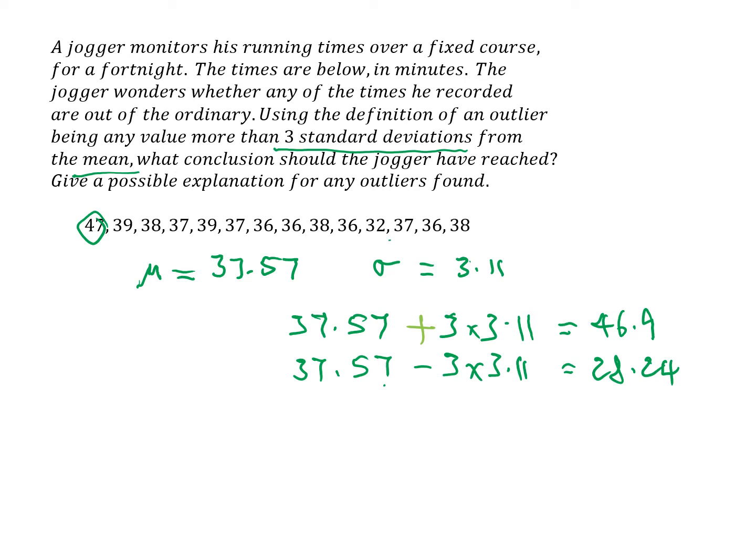We've got 32 here, which is the smallest value, but since that's not smaller than 28.24, that's not considered to be an outlier. So the only outlier is the value 47 minutes.